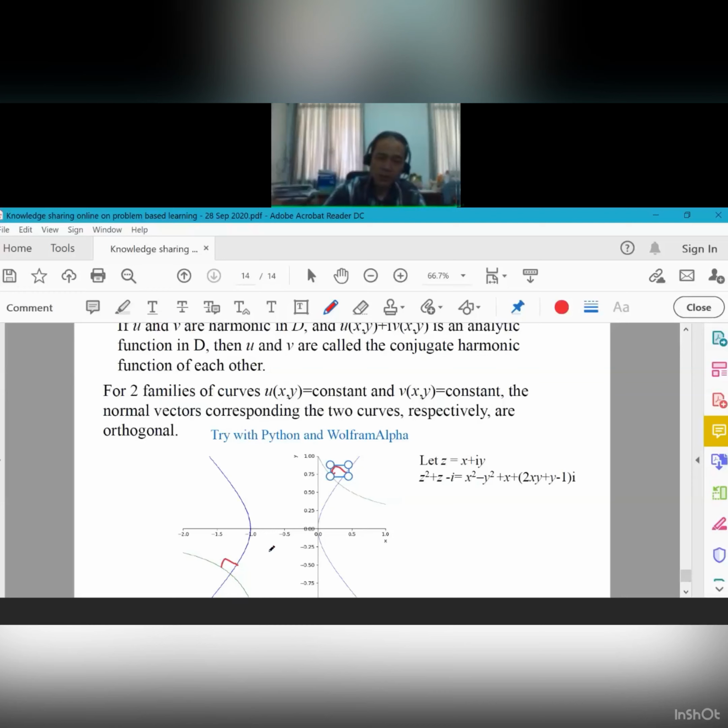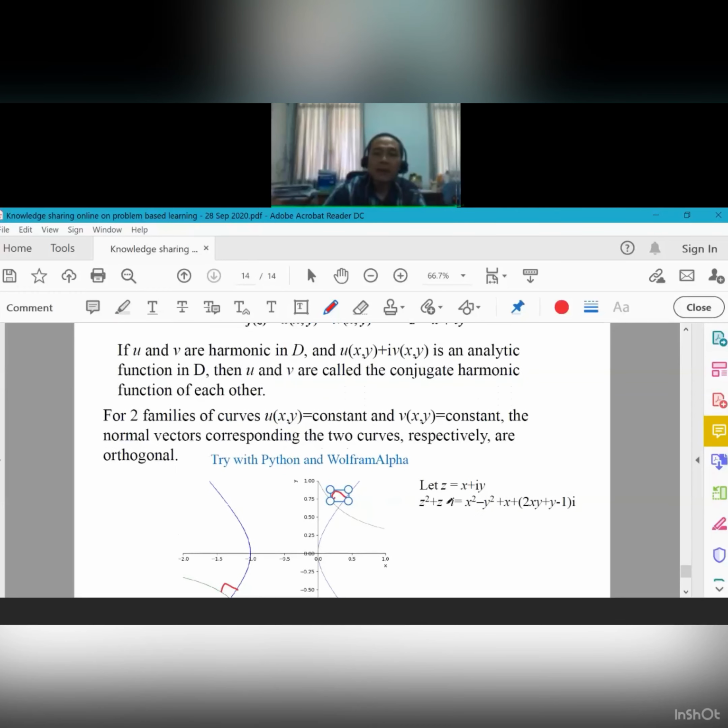This marvelous property is because they are defined by mathematics. Mathematics shows that they must be orthogonal. This is the beauty of mathematics: as long as this is a function of z, these two terms must be orthogonal. This is how we can discuss it with the students.